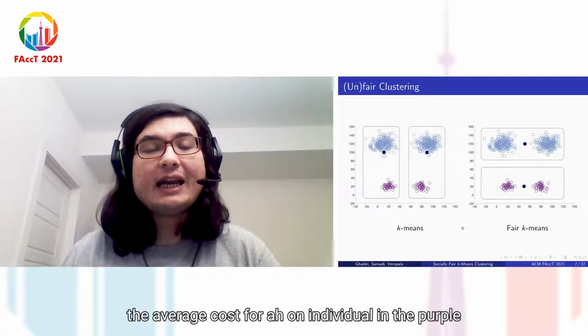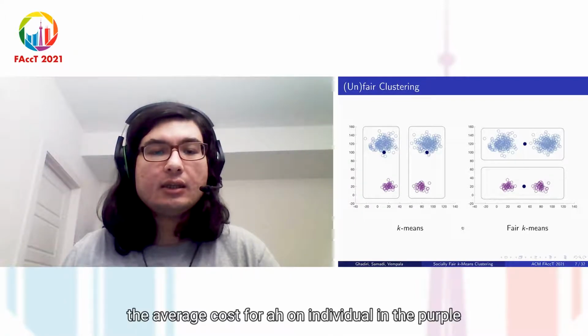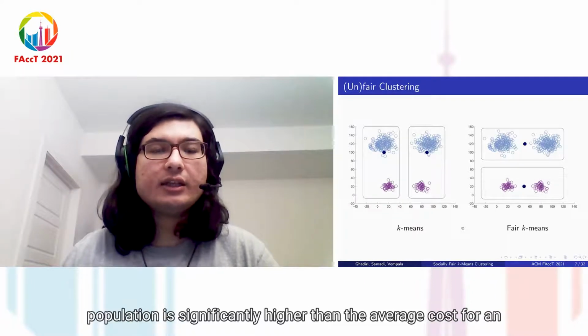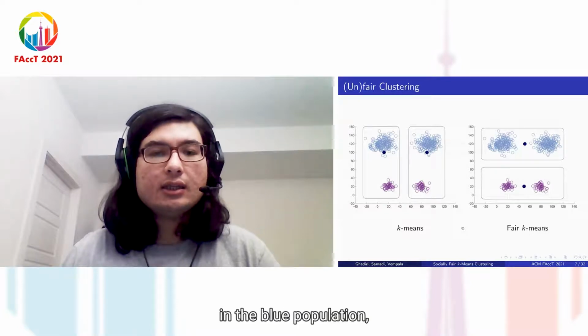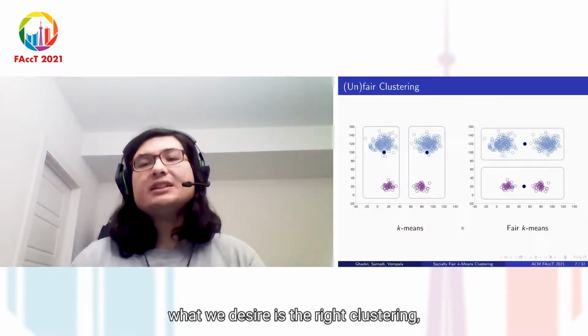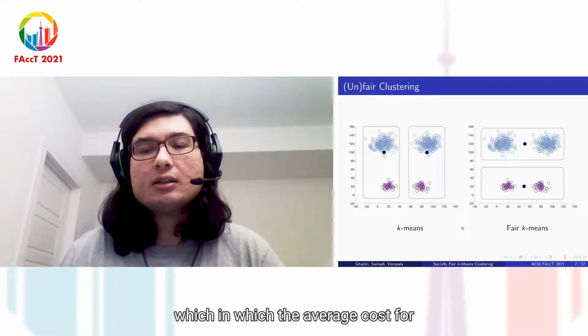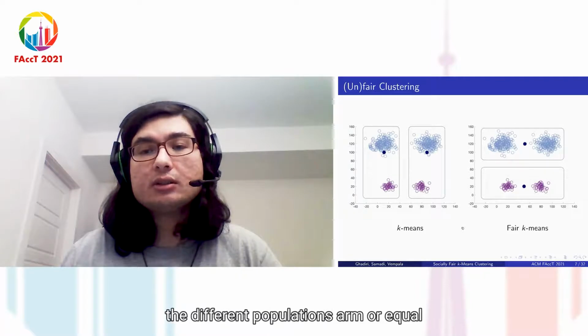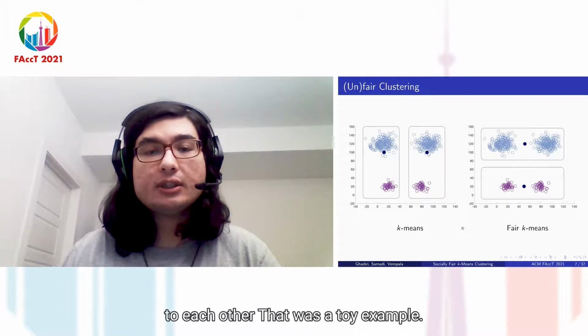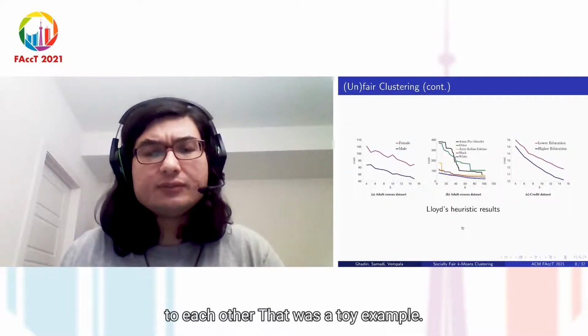And as you can see, the average cost for an individual in the purple population is significantly higher than the average cost for an individual in the blue population. What we desire is the right clustering, in which the average costs for the different populations are more equal to each other. That was a toy example.